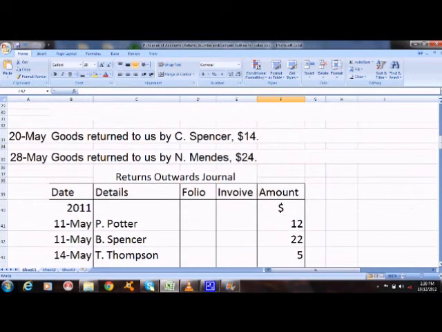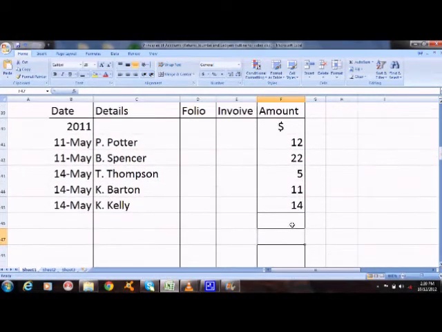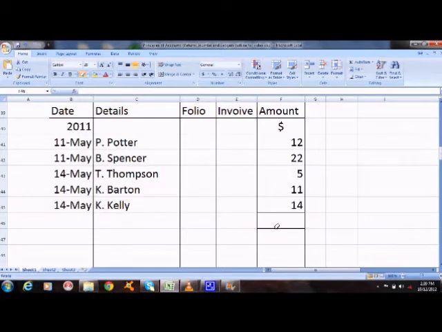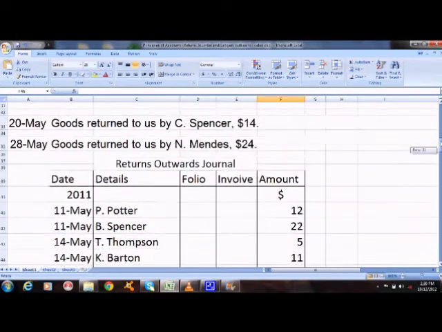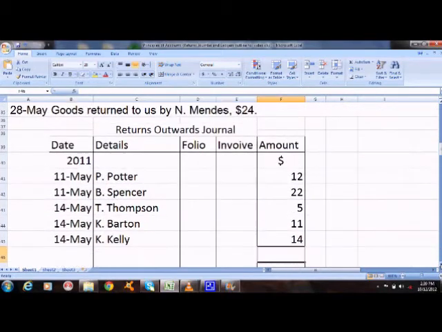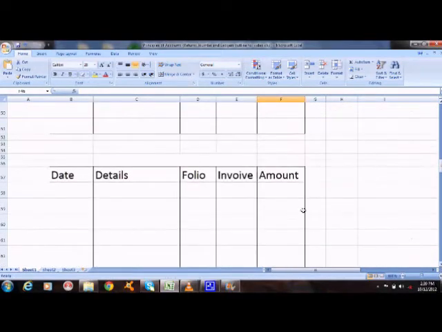Next, our transaction is goods returned to us by C. Spencer, $14. This time it says goods returned to us, not by us. That means you're going to have something called a returns inwards journal, because you're getting goods back from our customers.